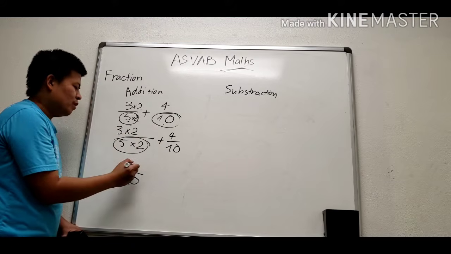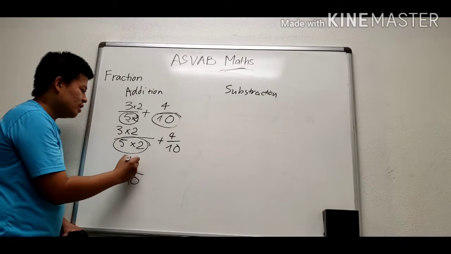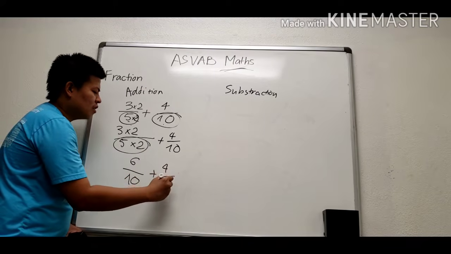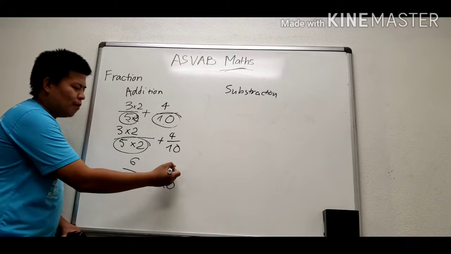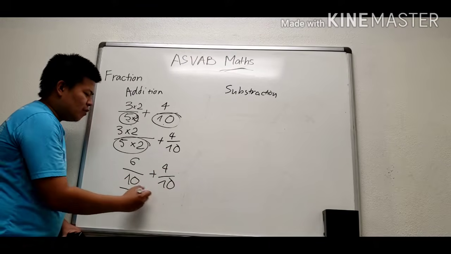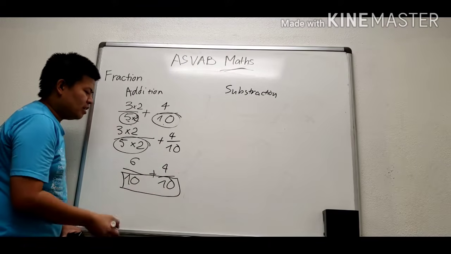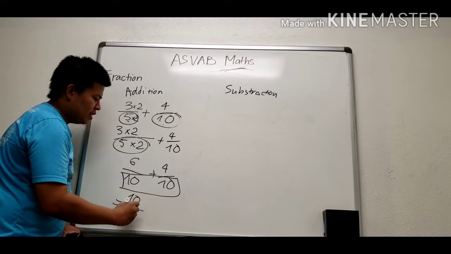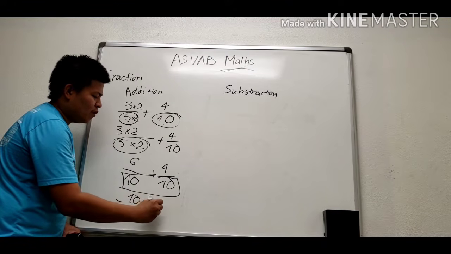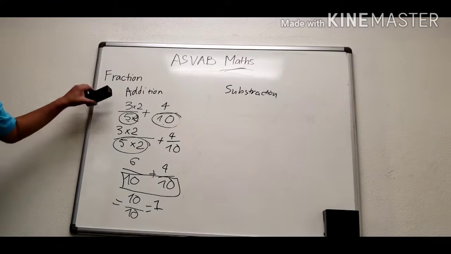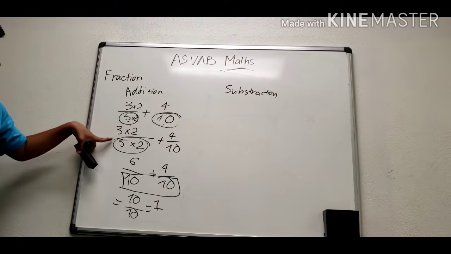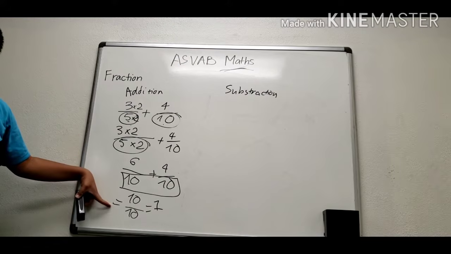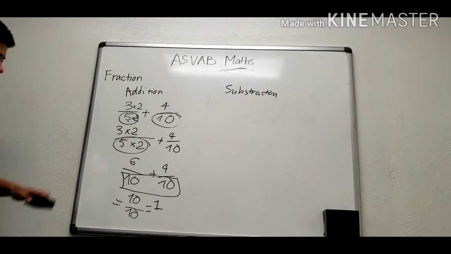We multiply 3 by 2 is 6, plus 4. 6 plus 4 is 10 because they have the common denominator. We have 10 divided by 10, so that we have 1. That's why we need to find the common denominator, so that we can get the result like this.